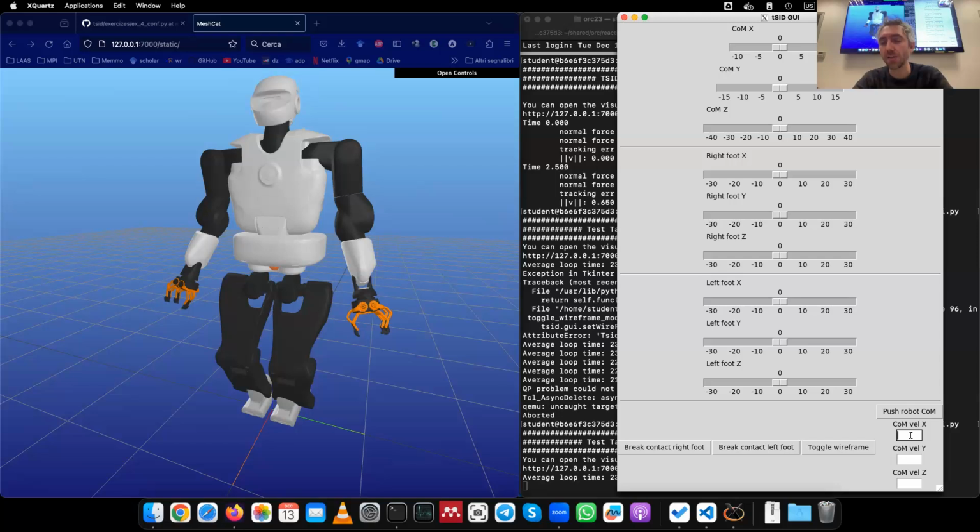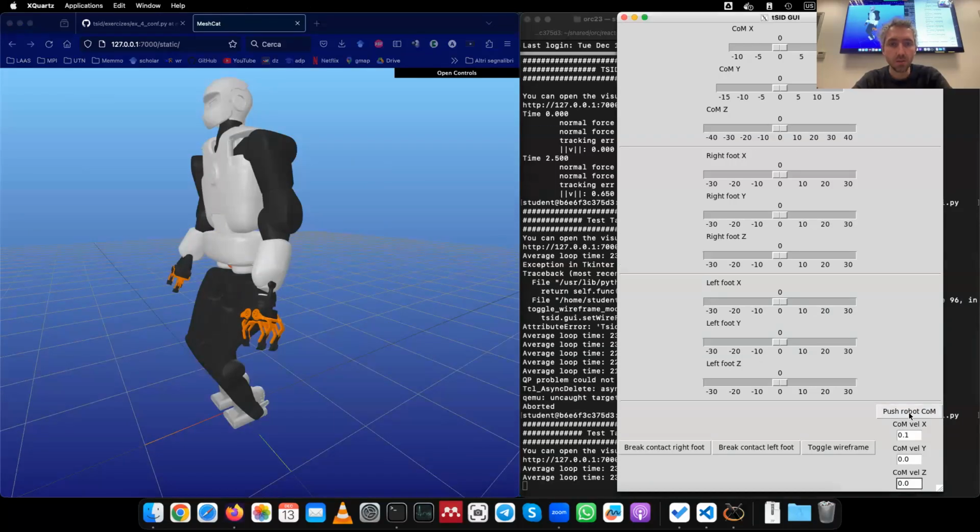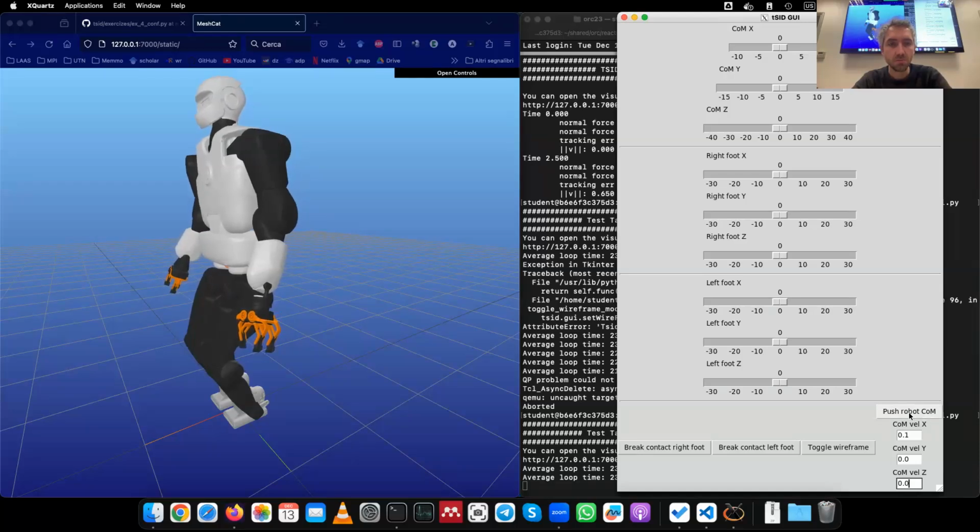This is a velocity that you add. So for instance, you can try to add a velocity of 0.1 meter per second in the forward direction and see what happens. So you click this. Okay, 0.1 is very small, so I can make it bigger. 0.2, okay, now you saw it.